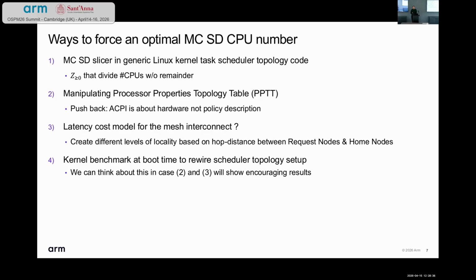We could use some kind of cost model for mesh interconnect latency costs between CPUs or CPUs and caches, question mark. And then this is the management dream, to have a boot time benchmark, doing this with micro benchmarks, figuring this out on the fly and then rewiring.